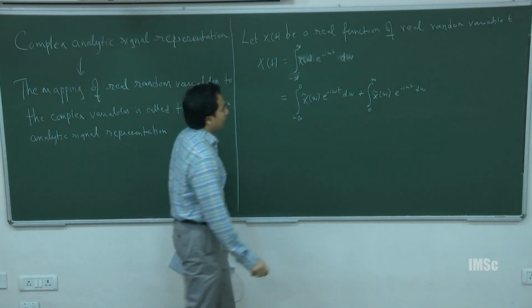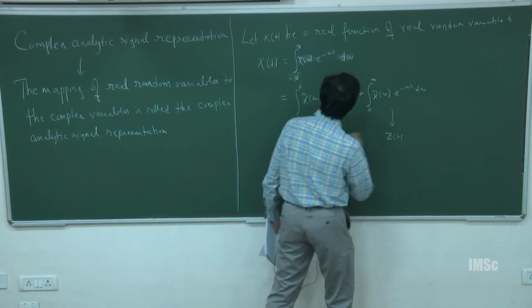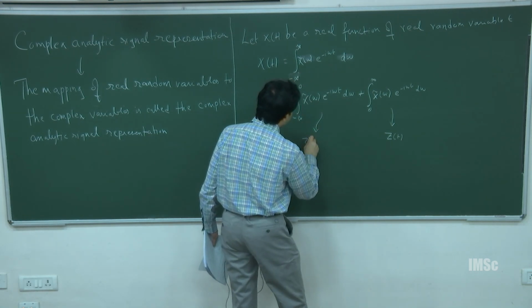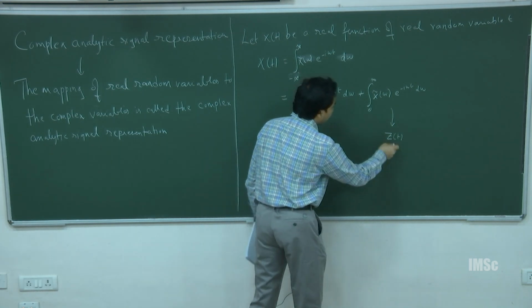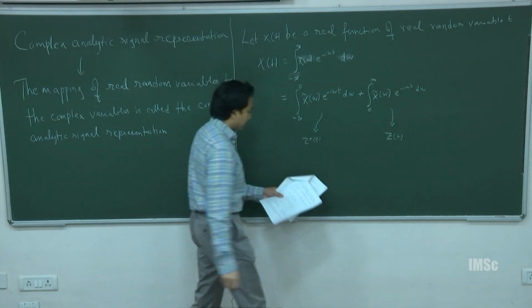Now, the positive frequency part we denote by z of t, and the negative frequency part we denote as z star of t.